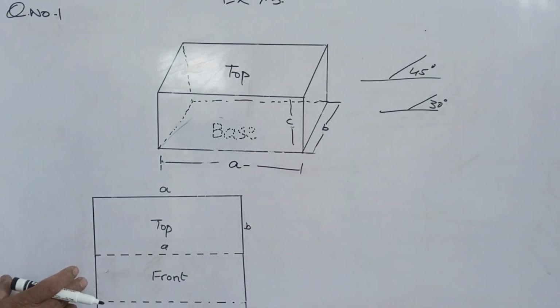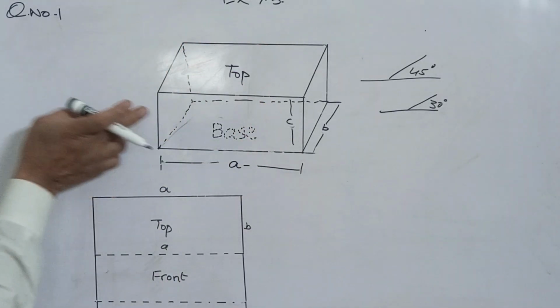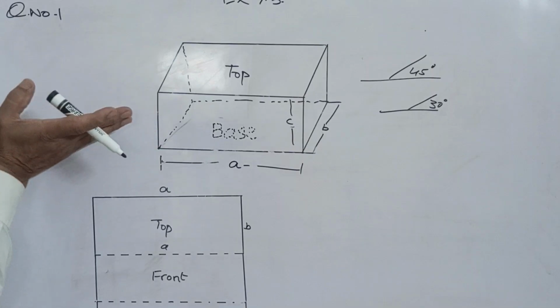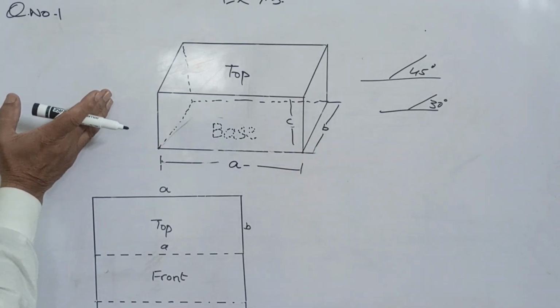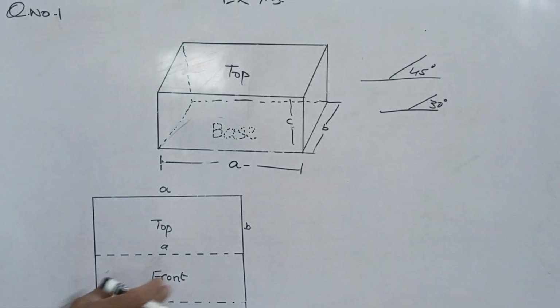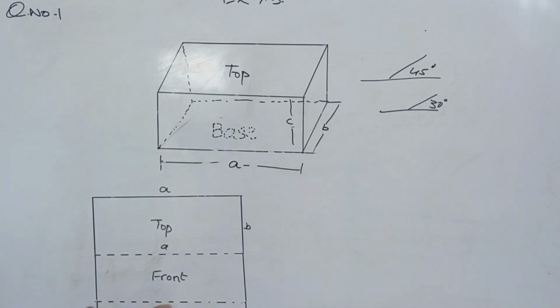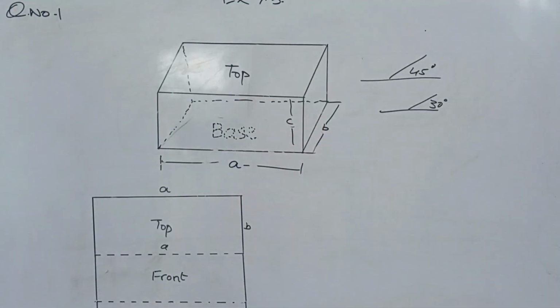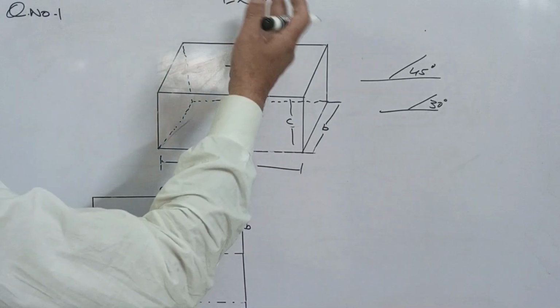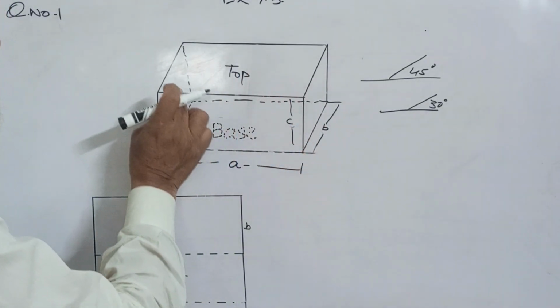Now what comes over here? You see we have done three: the top, the front, the base. Now this side which is hidden at the left side, okay, front is always there, and the side which is on the right side, and the back side which is again with two dotted lines.